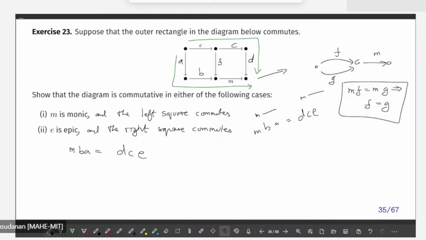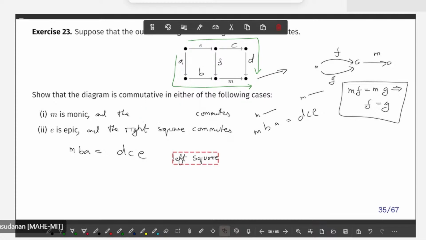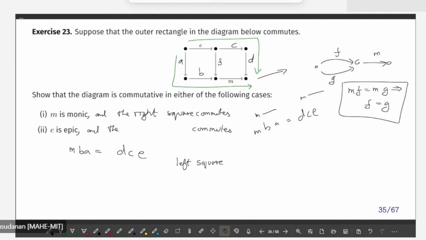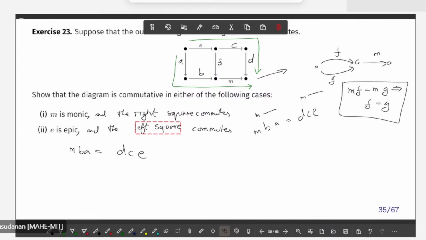I think again I need to interchange this. Probably that's correct.